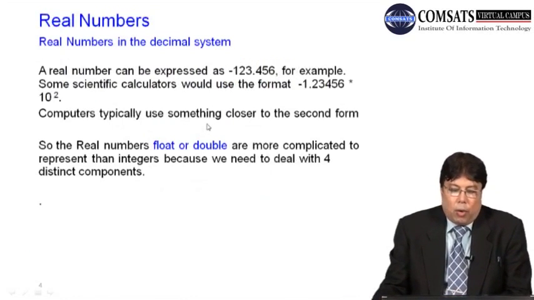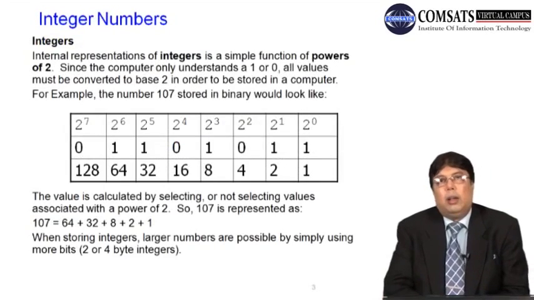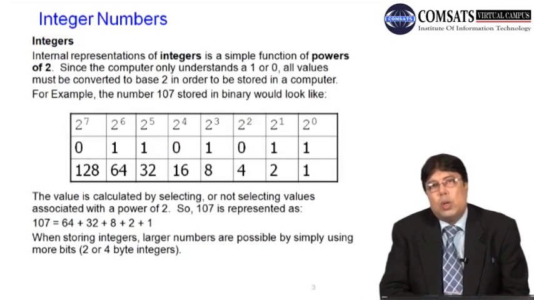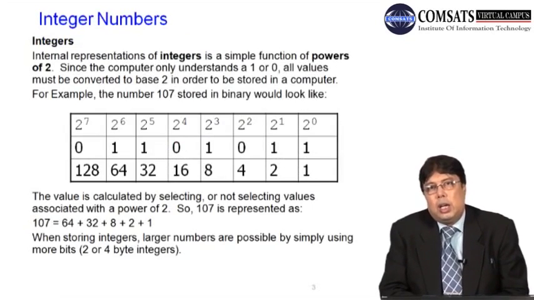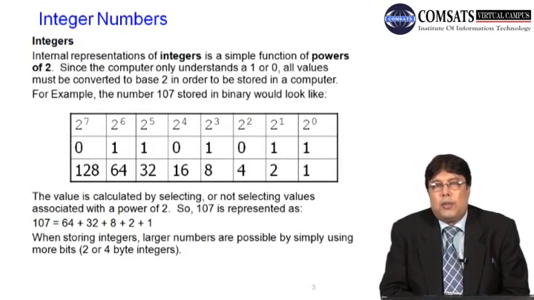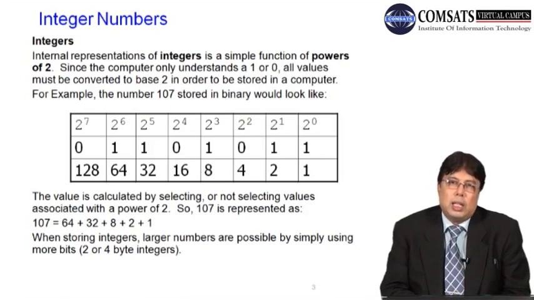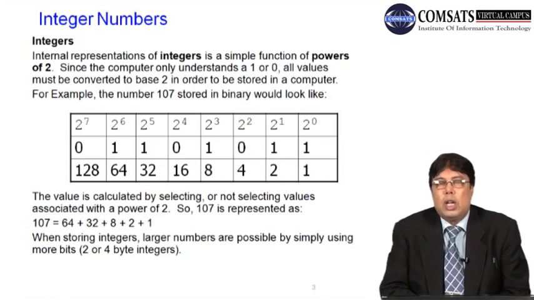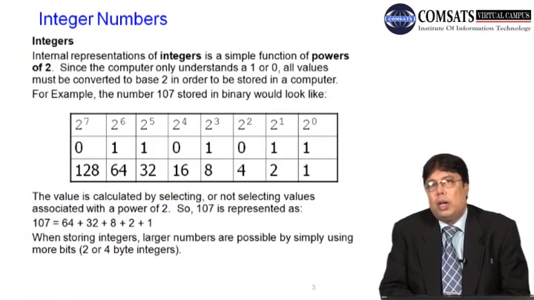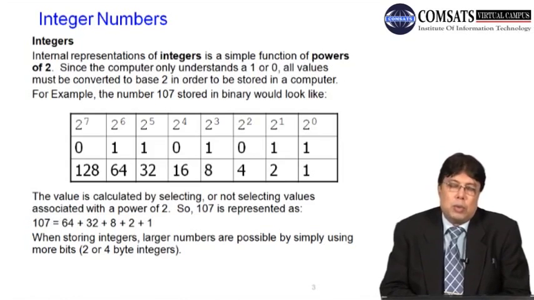So for integer numbers, if we are dealing with a 16-bit number, the most significant bit you have to leave for the sign purpose, so you are left with 2 raised to the power 15 minus 1, which is equal to 32767. I've already demonstrated this during the demo session.